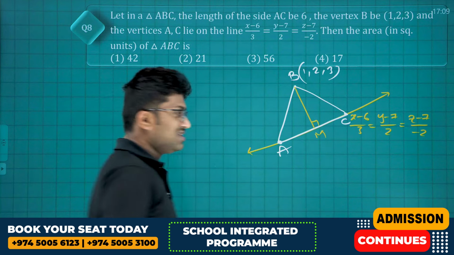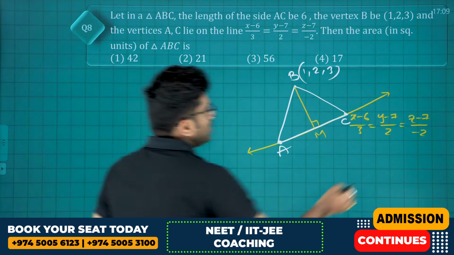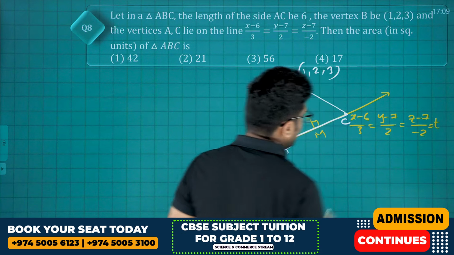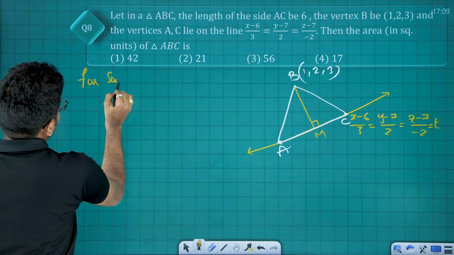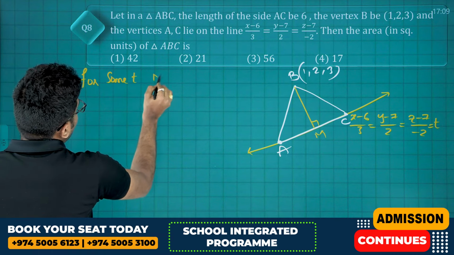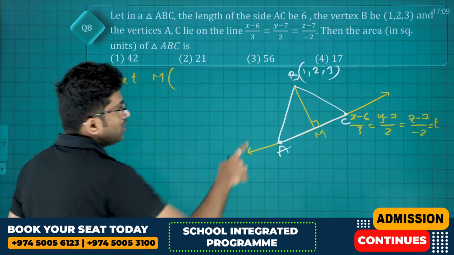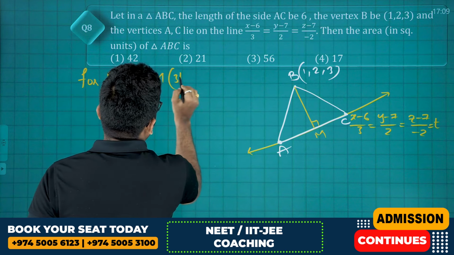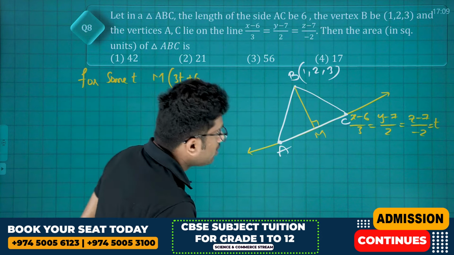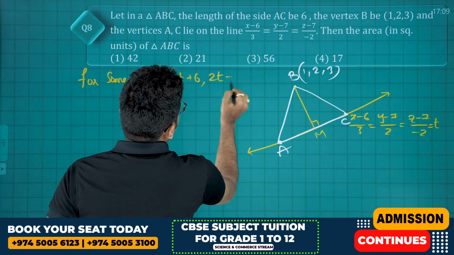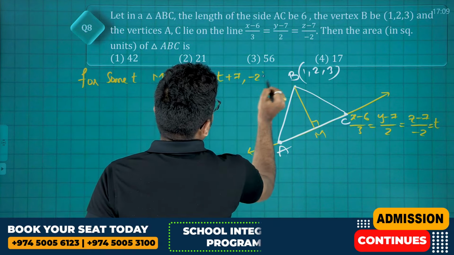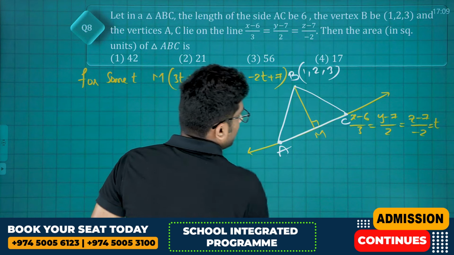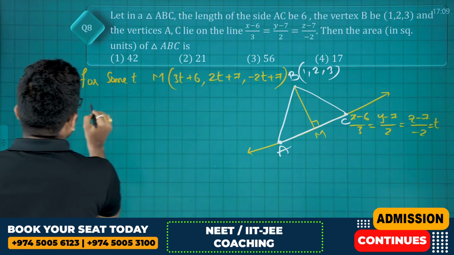Let's say this is M. So regular formula: suppose this is equal to some T, for some real number T, the coordinates of M will be (3T plus 6, 2T plus 7, minus 2T plus 7).